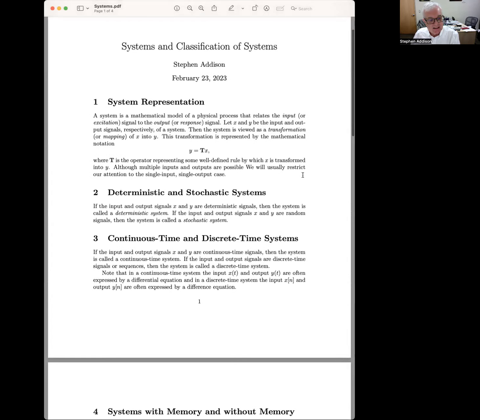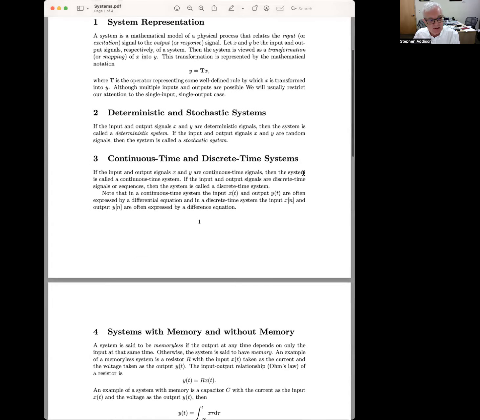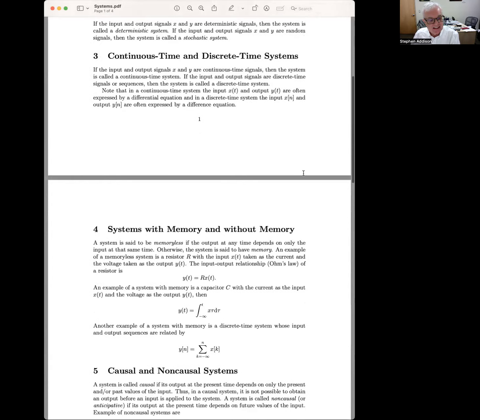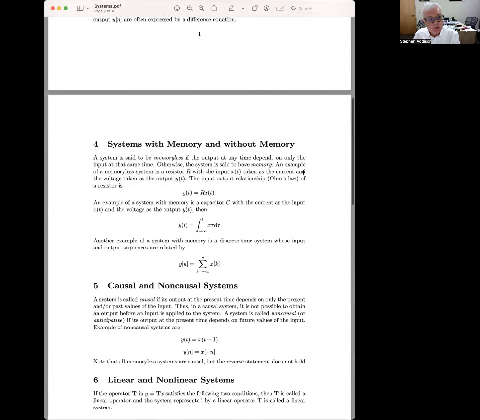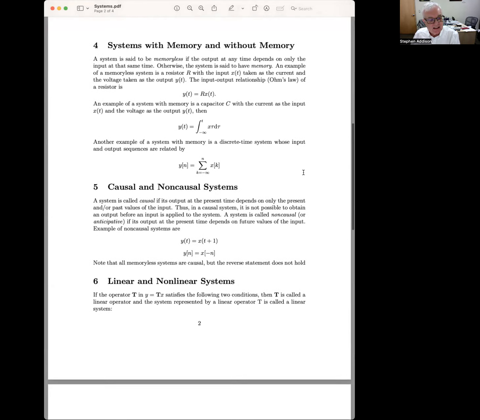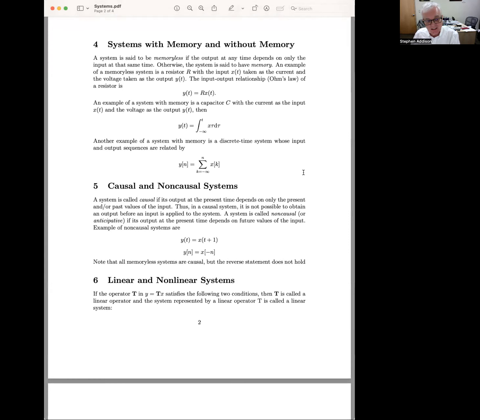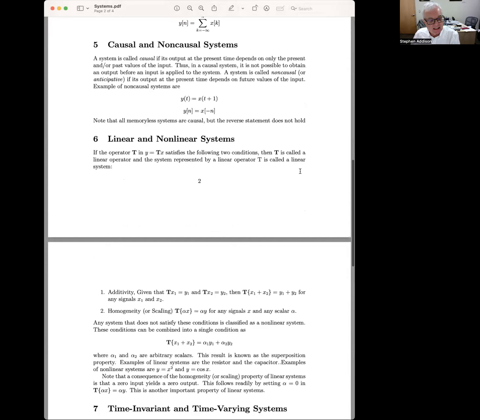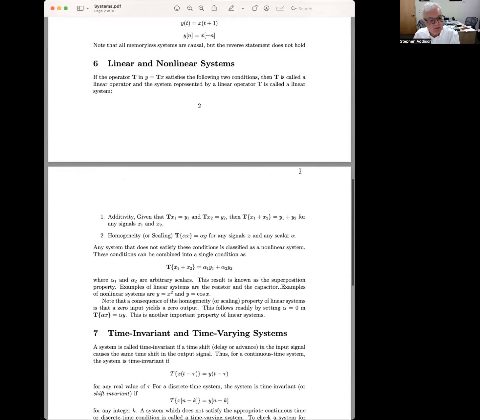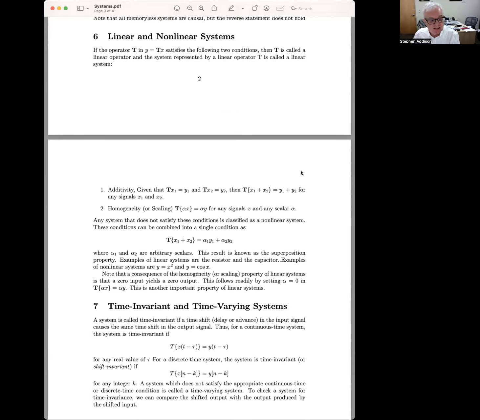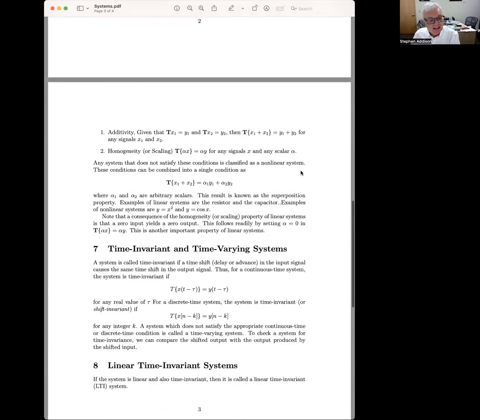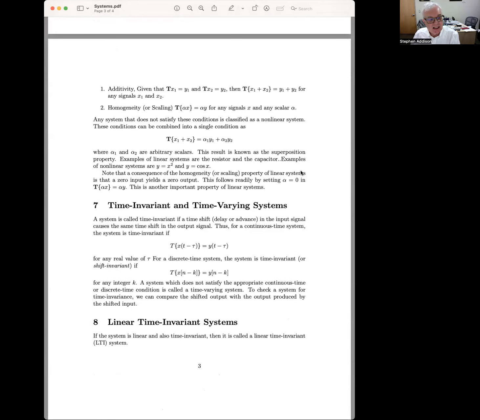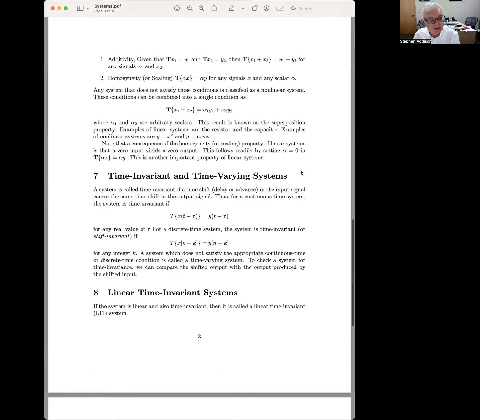I talk about continuous time and discrete systems, which we've done a lot. Then I remind you about systems with and without memory. I talk about causal and non-causal systems and give some examples. I talk about linear and non-linear systems and introduce some non-linear systems. I then talk about time invariant and time varying systems and talk about the differences between those.